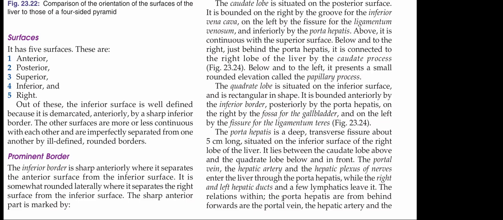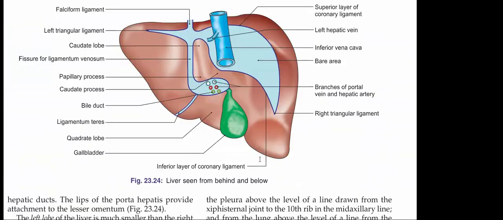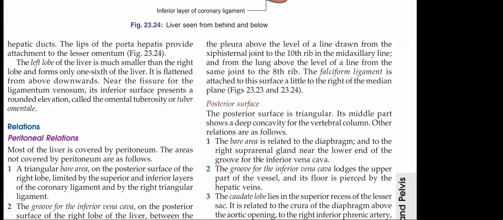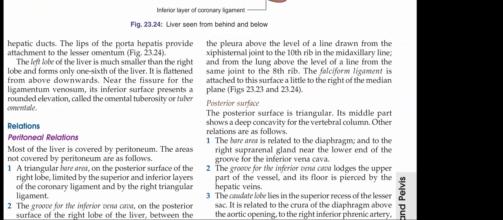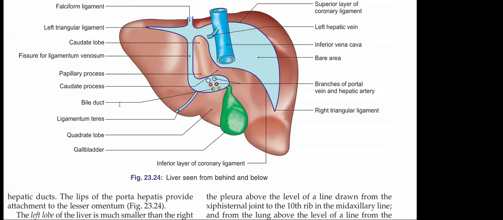The relations within the porta hepatis from behind forwards are the portal vein, the hepatic artery, and the hepatic ducts. The lips of the porta hepatis provide attachment to the lesser omentum.